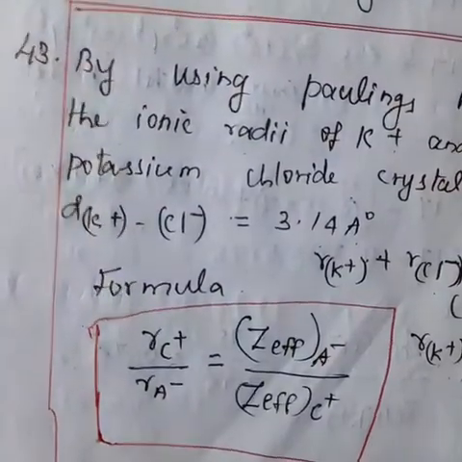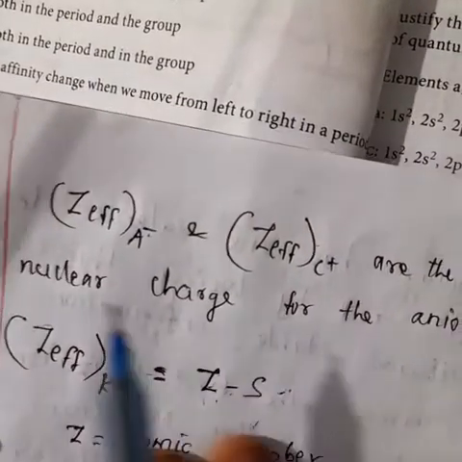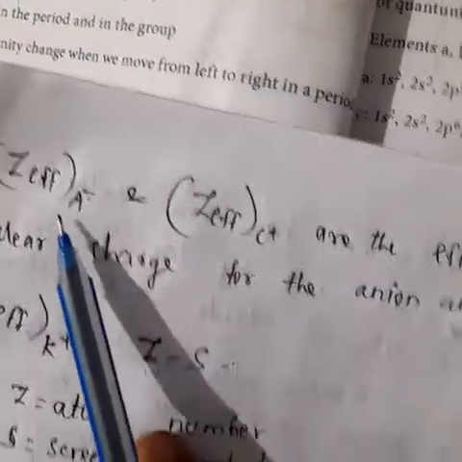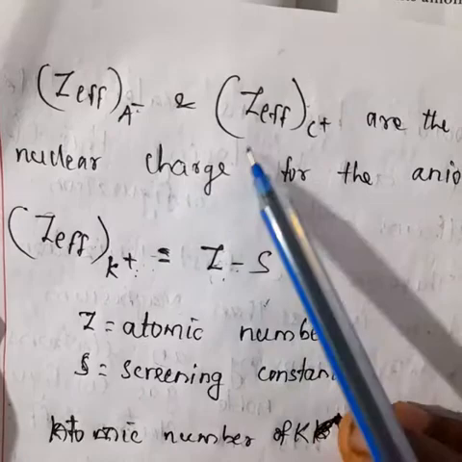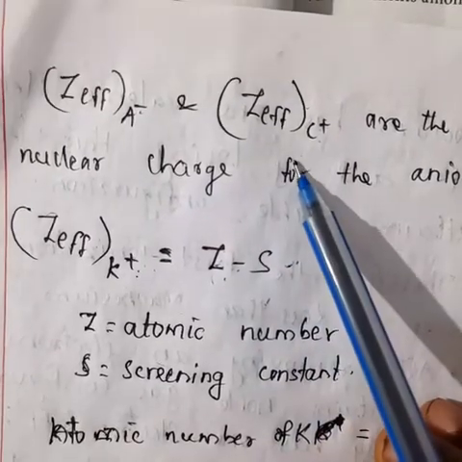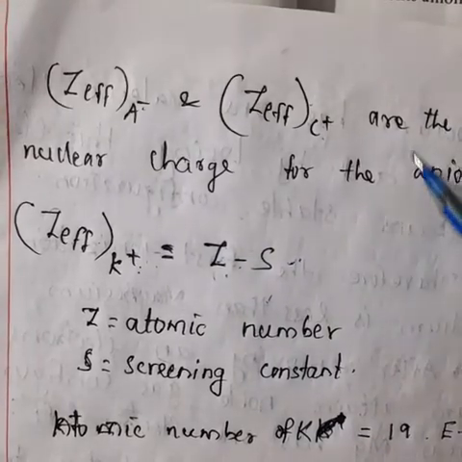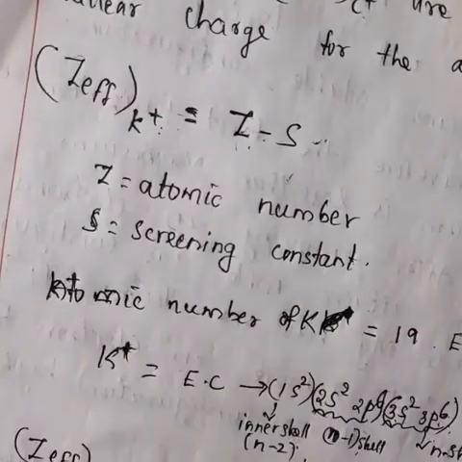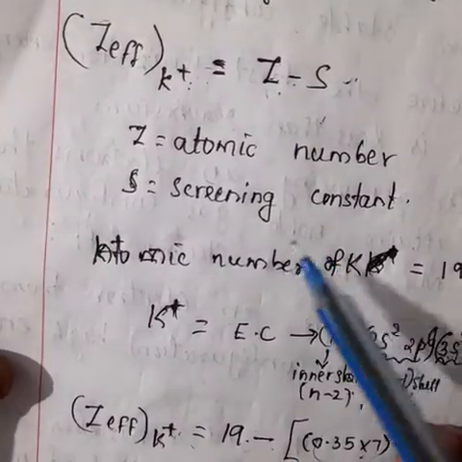Zeff is the effective nuclear charge for the anion and cation. So we should calculate the effective nuclear charge first for the cation and anion. Here cation means K plus, anion means Cl minus.